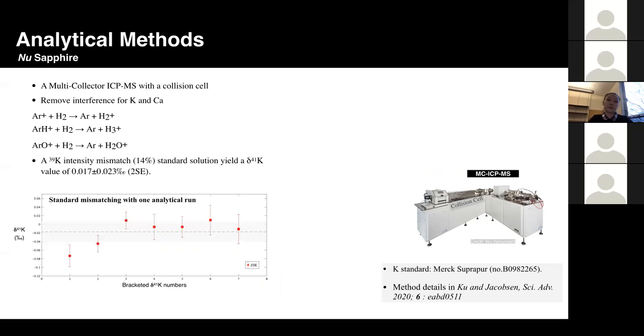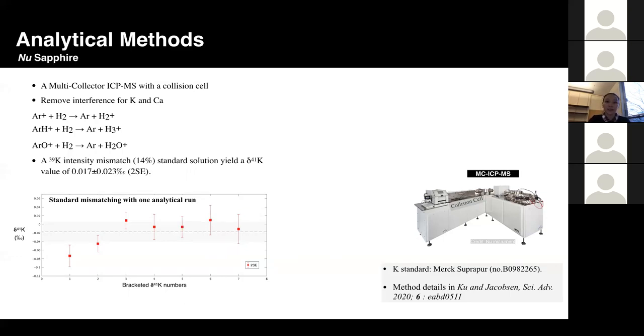So the multi-collector ICP-MS that we use is the Nu Sapphire from Nu Instruments. It's a dual pass ICP-MS with a collision cell. The collision cell is important for measuring potassium isotopes because it enables removal of isobaric interference such as argon hydride, which can interfere with the atomic ion of the same mass, for example, potassium and calcium.